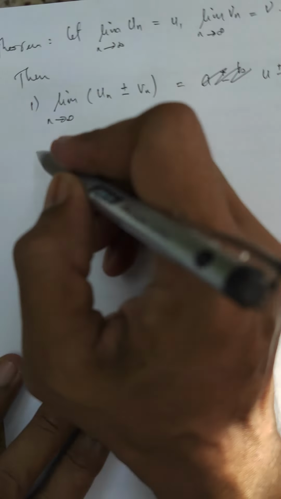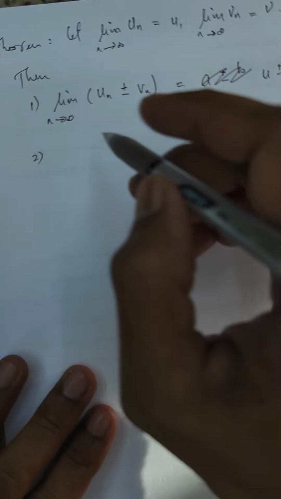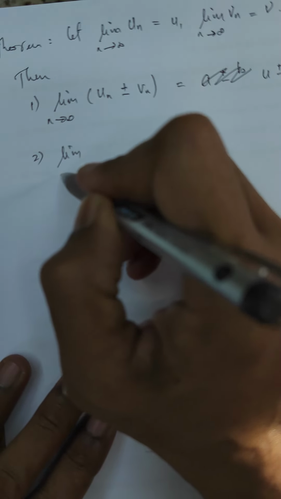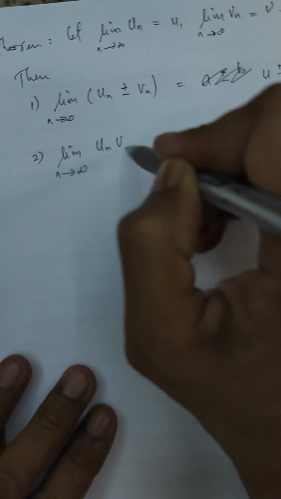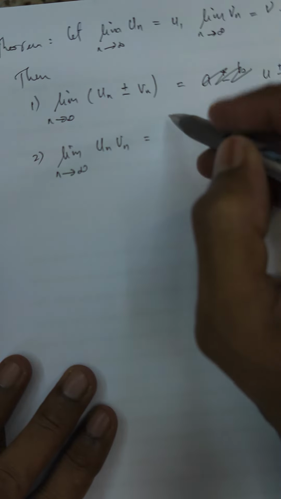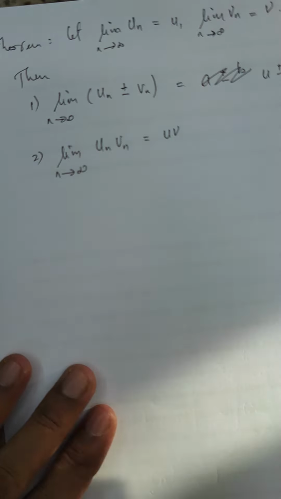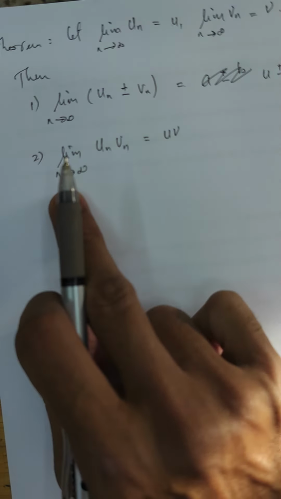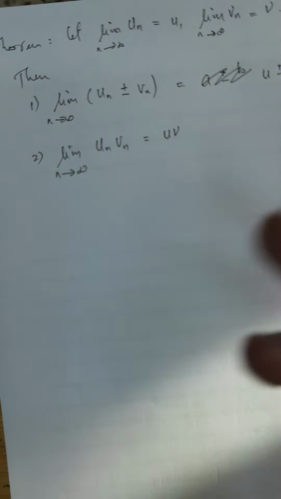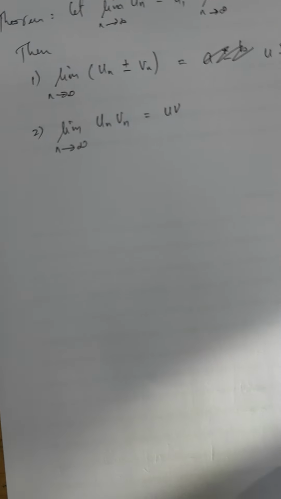The second property is that we take the limit as n goes to infinity of un vn, which is equal to uv. We multiply those two sequences, we take the limit, then it converges to the multiplication of the limits.